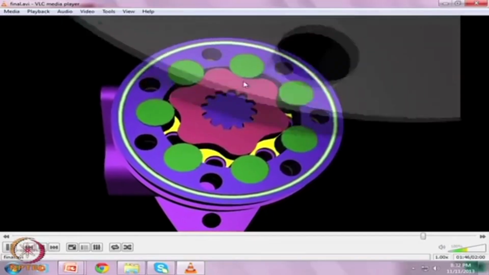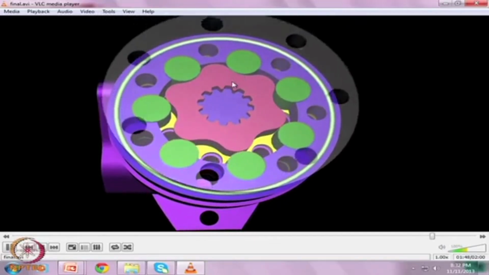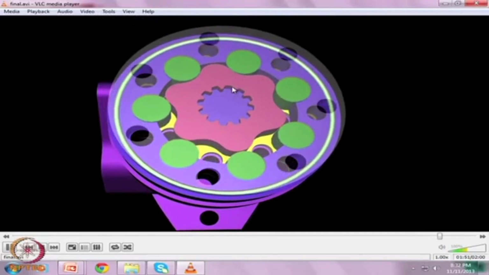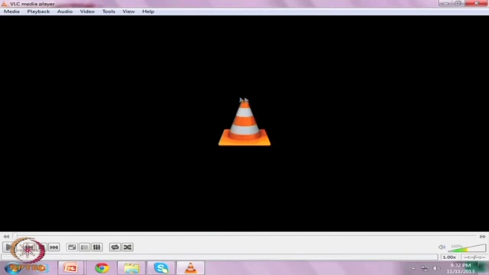That means one groove of this spline is matching with the bottom of this one. Say for example, in this case perhaps it is like that, this one is the center of this one, whereas this is the center of this one. This matching we should do to maintain this sequence.